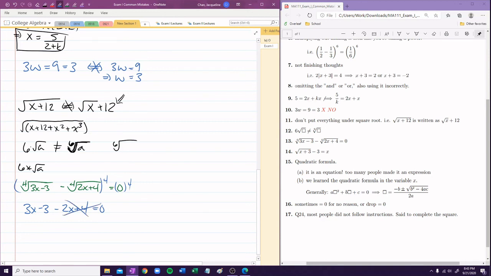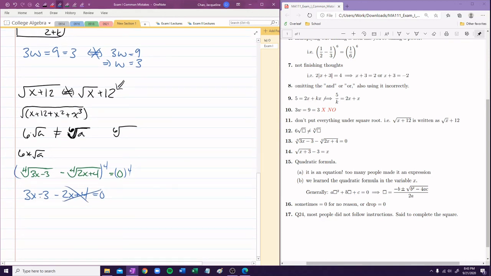So what does the fourth root mean? The fourth root means you take this whole thing and multiply it 4 times. So it's going to be the fourth root of 3x minus 3. Going back to the square root, since it did not reach my whole thing, I just made it longer.